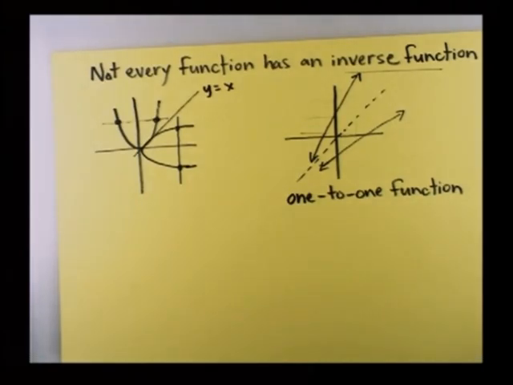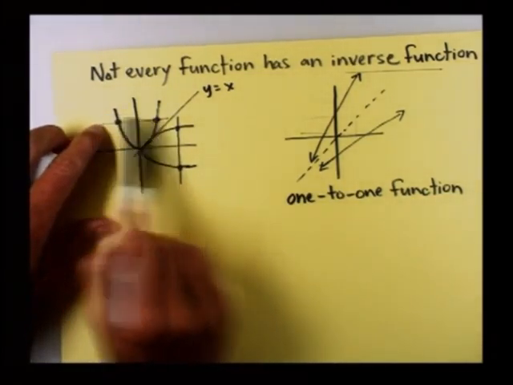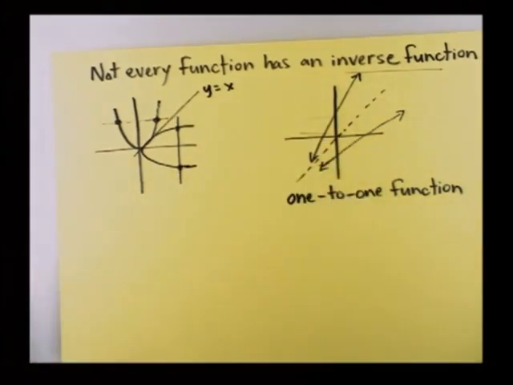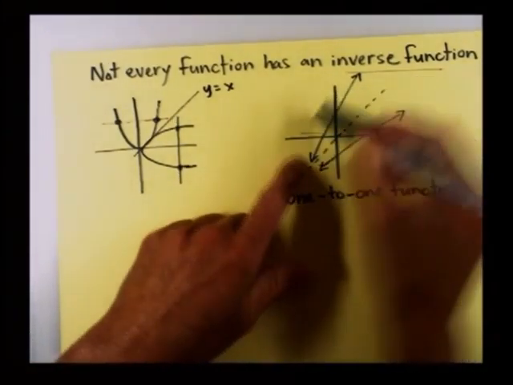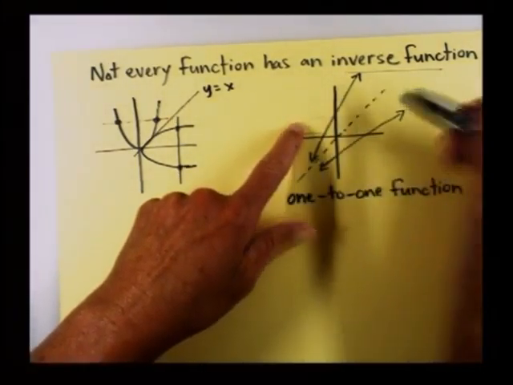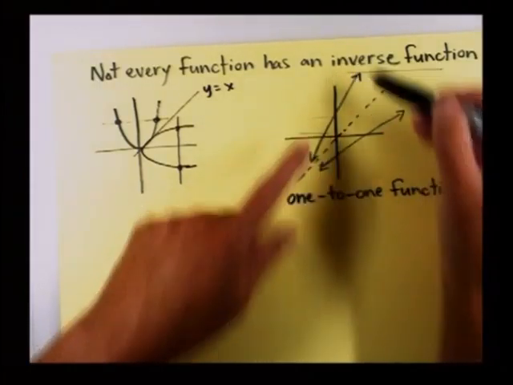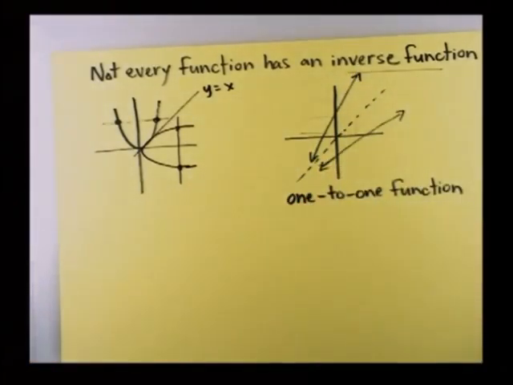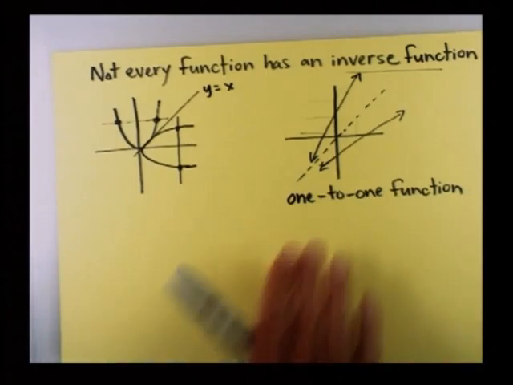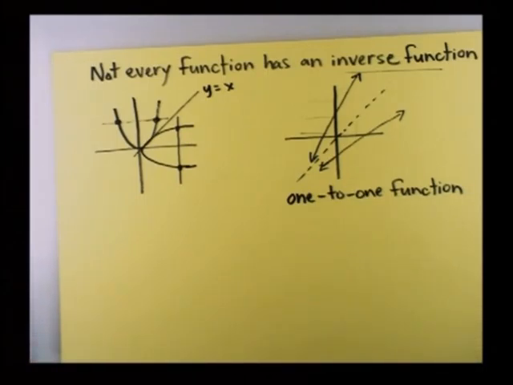One-to-one function. It's a function that does have an inverse function. It passes our horizontal line test, and you can see that it passes our vertical line test. Horizontal, 1 point at a time. Vertical, 1 point at a time. And we'll go into this in a little more detail in another section, I believe.